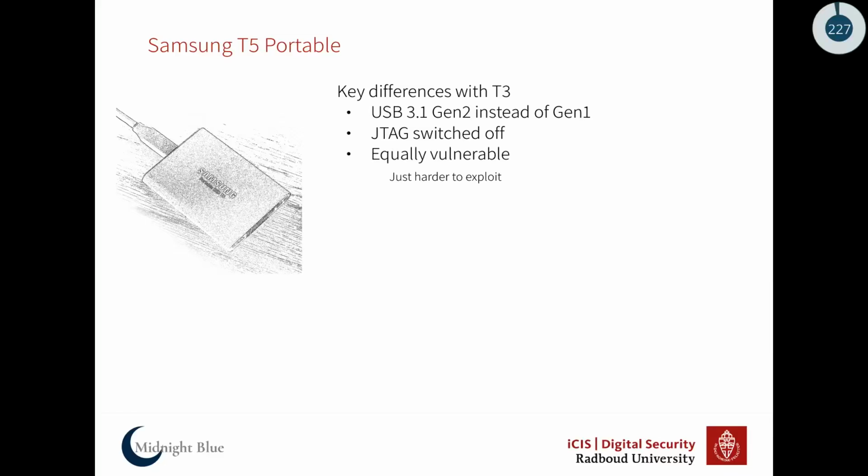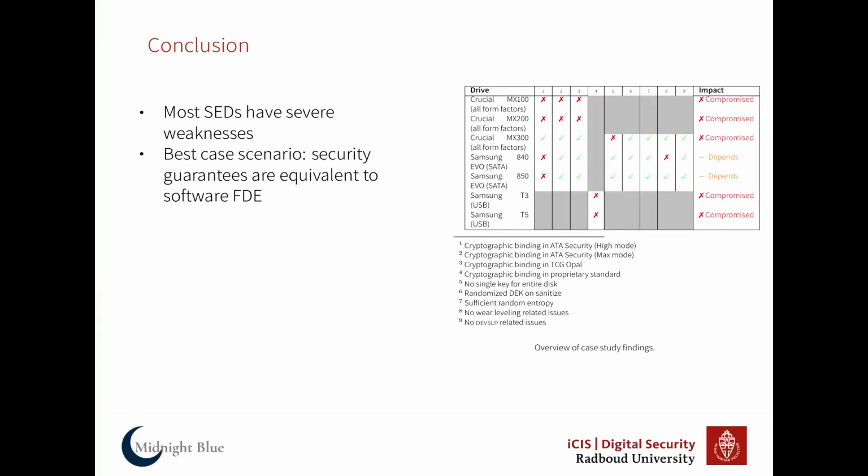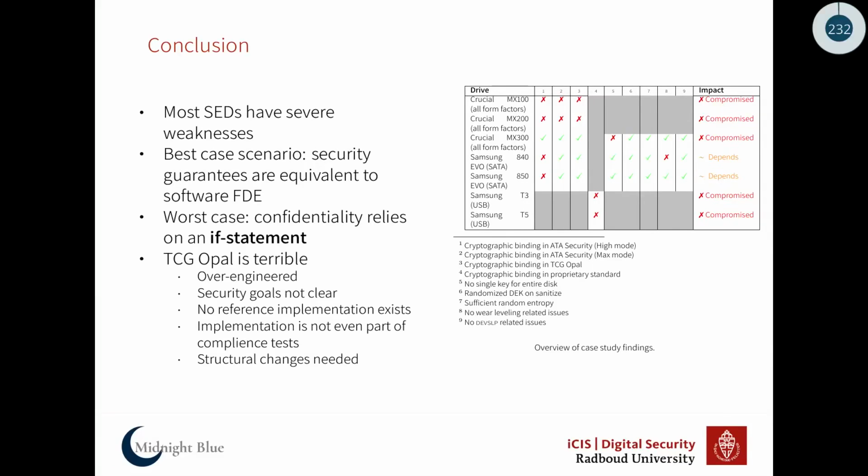So same thing. Conclusion: most of these self-encrypting drives have some severe weaknesses. Best case scenario, it's going to be equivalent to software, not better. And worst case, it's all down the drain. On a further note, TCG Opal is terrible. It's really over-engineered.